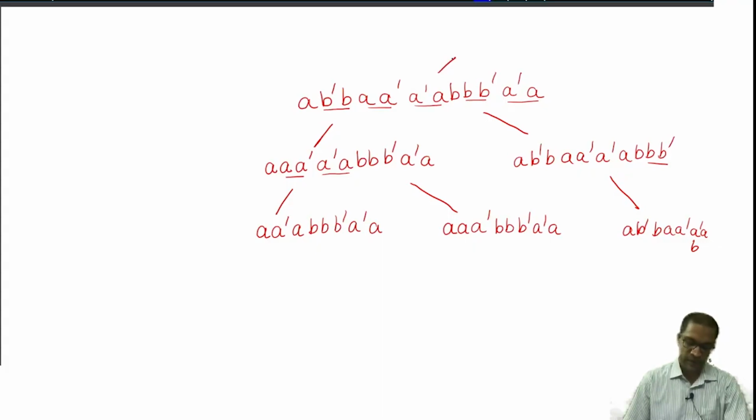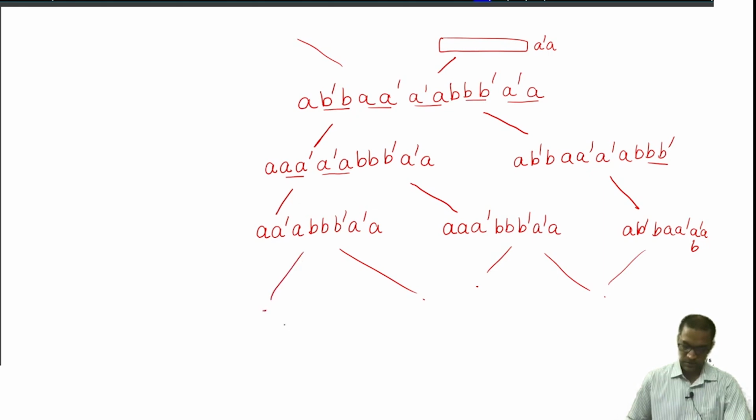For example, I could take this original word, whatever it is, and just add one extra A prime A at the end, and so on. So you can imagine that it's like this. Some of these will eventually become the same.